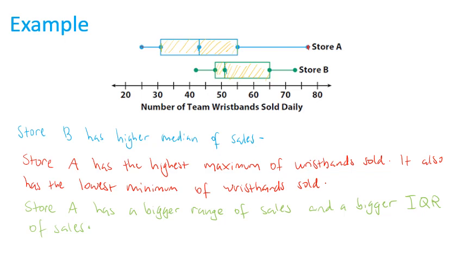Even though store B didn't get the maximum sale, its minimum was a lot higher than store A's. So I'm going to say store B had better and more consistent sales. It wasn't so all over the shop.